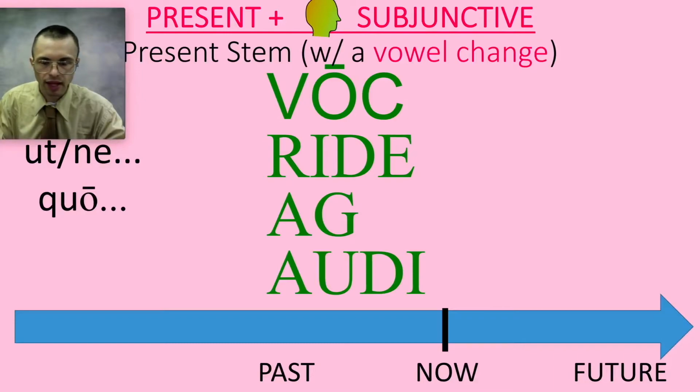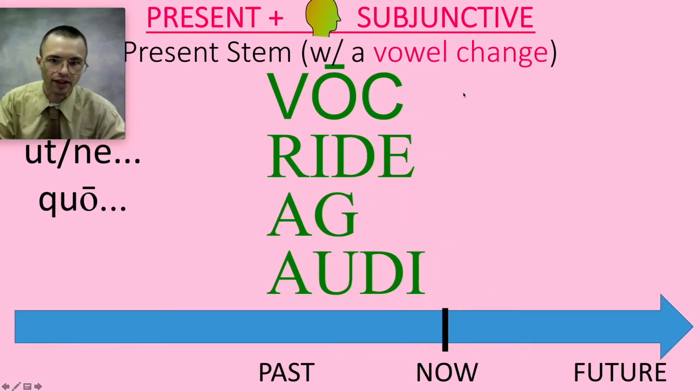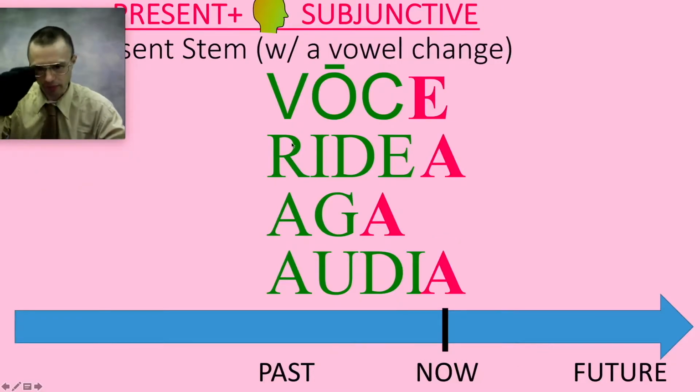I took away the A on the first one, but everything else is at stem. And now I'm going to put on E or A, which is also the opposite of the proper vowel for each of these conjugations, because first conjugation should be A vowels, but now it's E, and the rest should not be A vowels, but now they are. So that's the way that works.